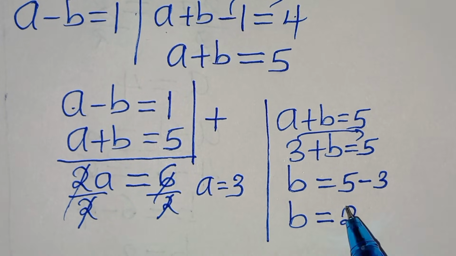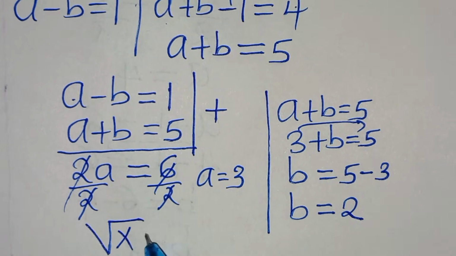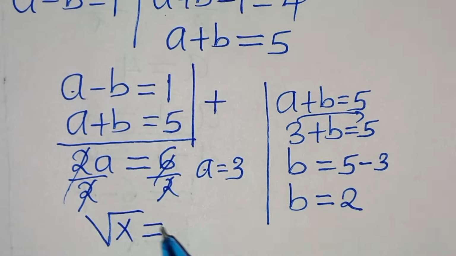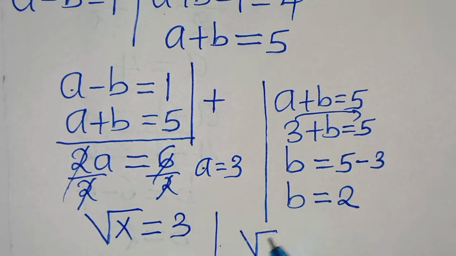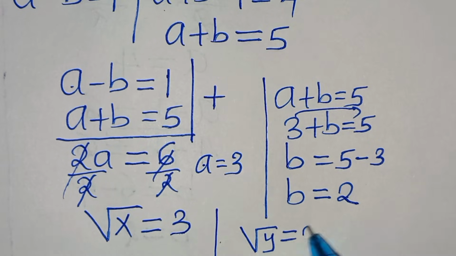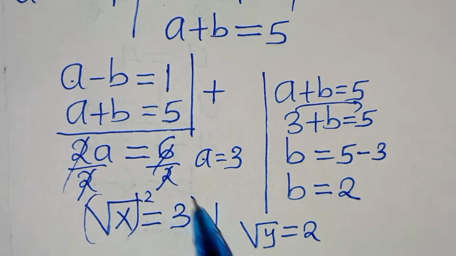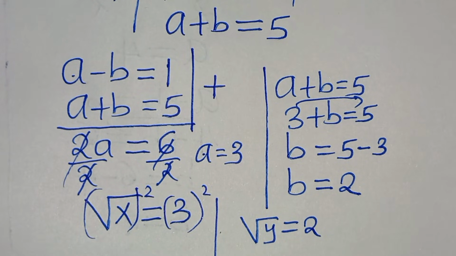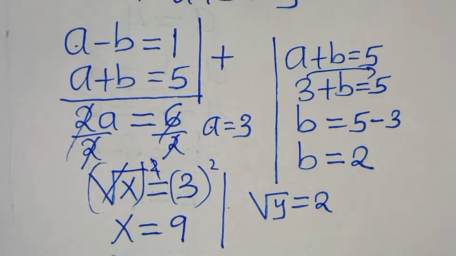So we can solve for x from here. We have that the square root of x is equal to a, which is 3, and also we have the square root of y is equal to 2. So we can square both sides from here. This means that x is equal to 3 squared, which is 9.